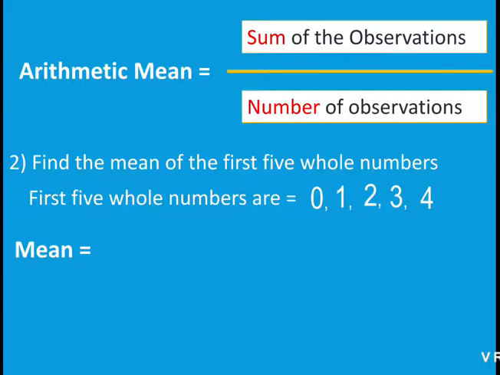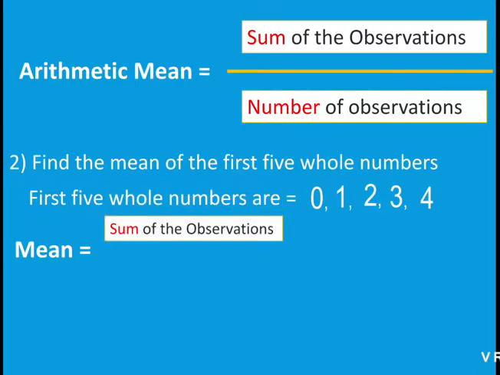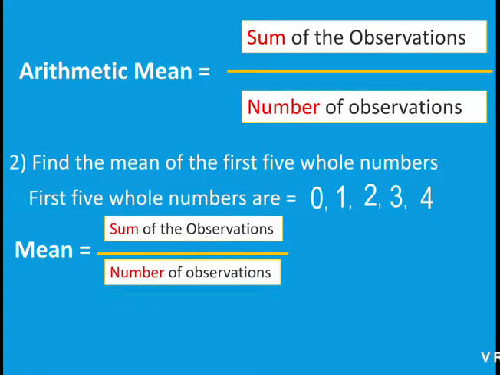Then we find mean by using the equation, sum of the observations by number of observations. Okay, we find the sum of the observations, very easy. 0 plus 1 plus 2 plus 3 plus 4. Then divided by total how many observations here? Listen to the screen very carefully. 5 is the number of observations.